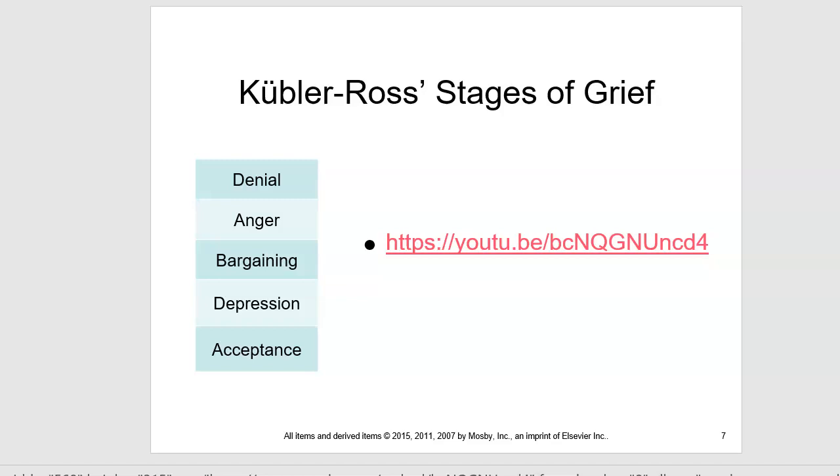In the anger stage, a person resists the loss. The person is angry about the situation. They're angry at the person who died. They're angry at themselves. They're angry at the healthcare workers. Sometimes they're angry with God or their spiritual being.